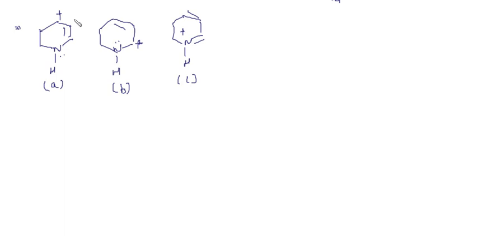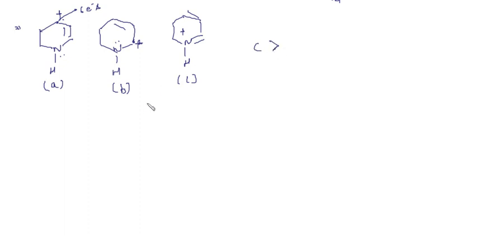First of all we will check whether all are neutral or not. So here none is neutral. Now come to the next point, that the octet of each atom should be completed. So here it is incomplete, and here it is incomplete, because carbon plus has 6 electrons. Okay, it has 6 electrons, so it is incomplete. Here it is complete. So C is the most stable.